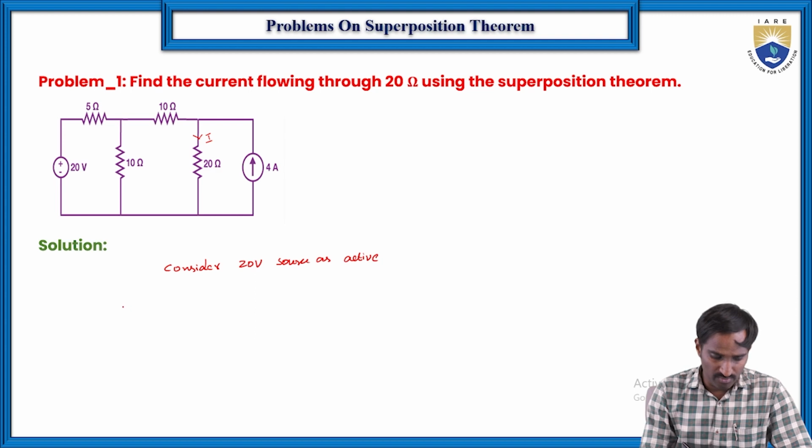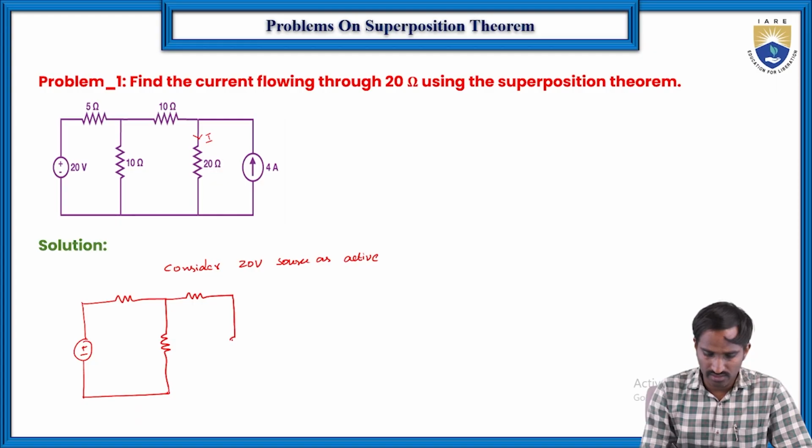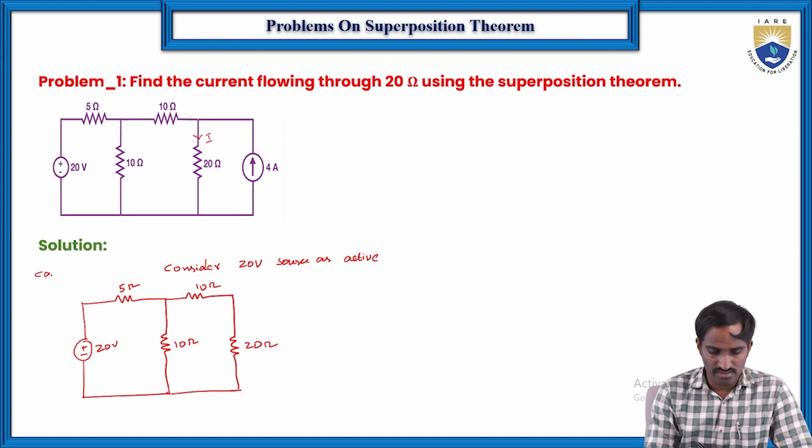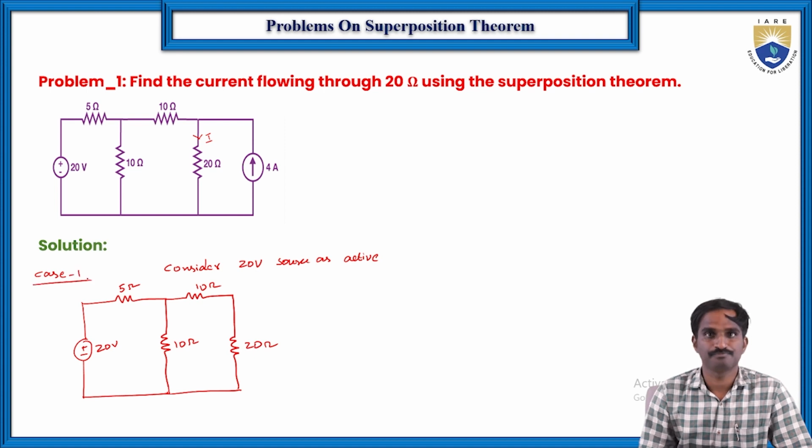Then the circuit becomes: the 20 volts source and a resistor of 5 ohms, then 10 ohms, and again 10 ohms, and 20 ohms. So this is 20 volts, 5 ohms, 10 ohms, again 10 ohms and 20 ohms. Let us call this case 1.